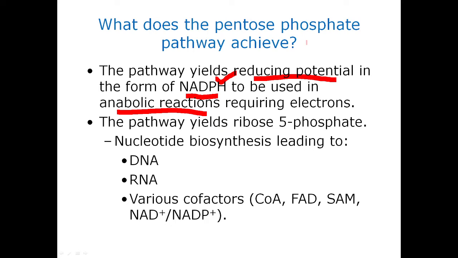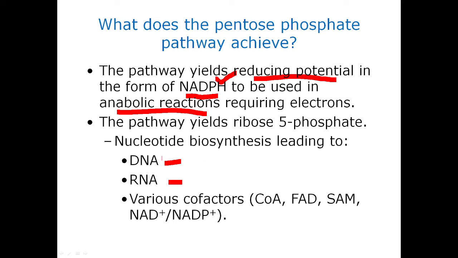The pathway also yields ribose 5-phosphate. Already we are familiar with nucleic acids. There are two types of nucleic acid, deoxyribonucleic acid and ribonucleic acid. Under nucleotides, whenever DNA is there, a deoxyribose sugar is present, and in RNA, ribose sugar is present.